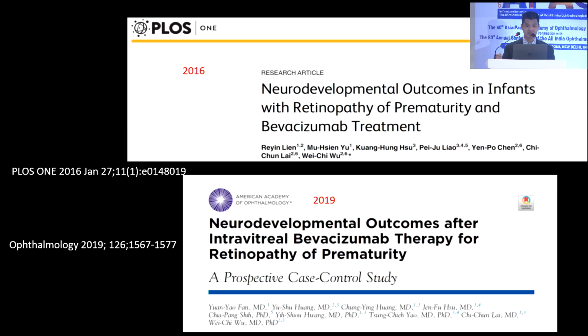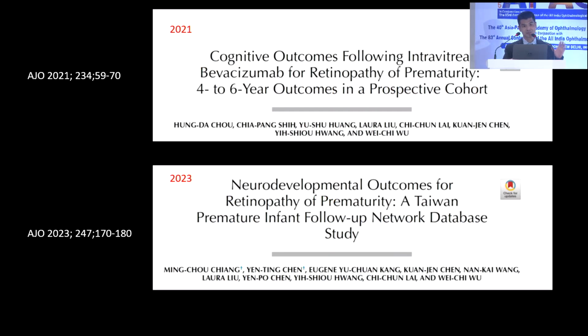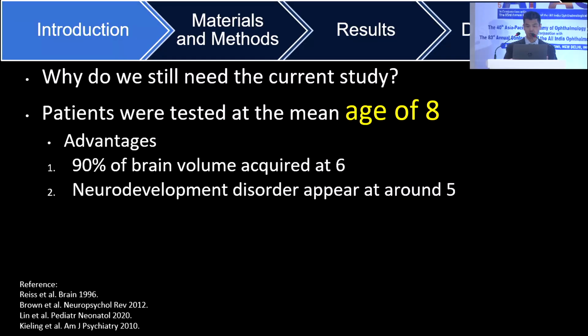So since 2016, we have been tracking our patients with prior anti-VEGF treatment prospectively, and we use different neurodevelopmental tools appropriate to their age to assess their outcome. In 2016, 2019, 2021, and 2023, we tracked their outcome, and we did not find significant differences between the individuals treated with anti-VEGF and their comparable control groups.